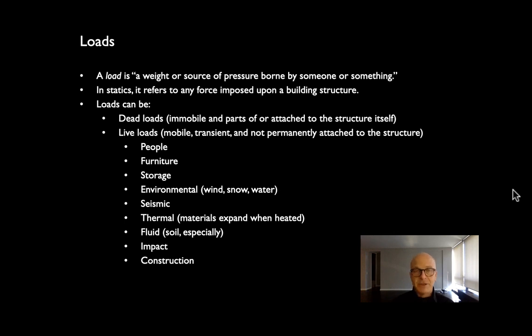Some of the other ones that are maybe a little bit more minor that we might not ordinarily think of, but that can cause all sorts of issues that have to be thought about when we're designing structures, are things like thermal loads. Materials expand when heated, they contract when they get cold. And so a building frame that is enclosed by a curtain wall, we may find that there are significant loads that the curtain wall imposes on the building frame.